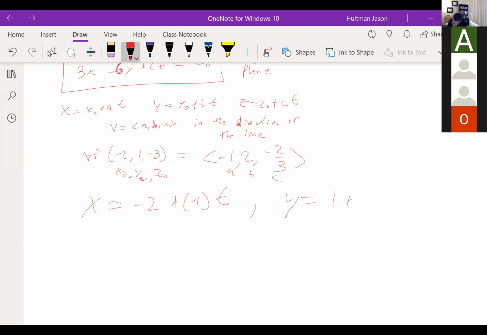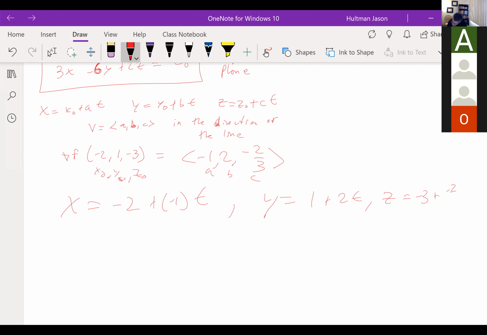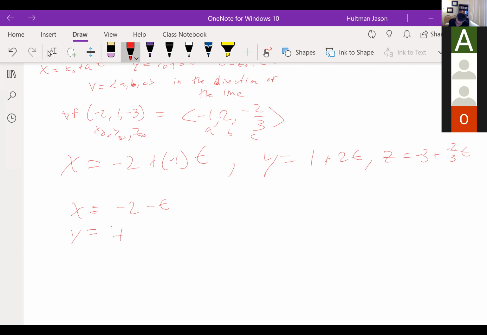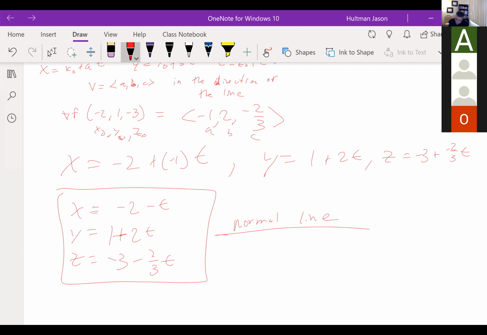So 1 plus 2t. And z is equal to -3 plus -2/3 t. Let me clean this up. X is equal to -2 minus t. Y is equal to 1 plus 2t. And z is equal to -3 minus 2/3 t. This is the normal line. So we find the tangent plane, and then we can find that normal line.